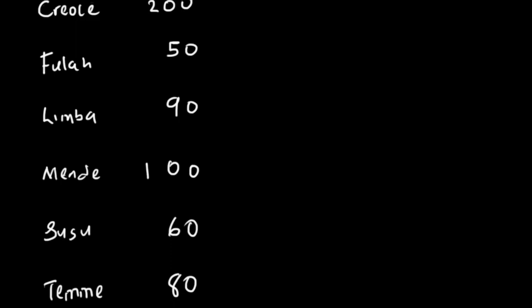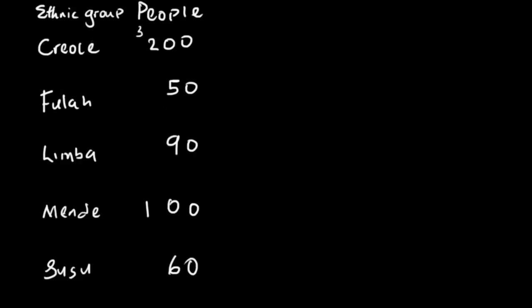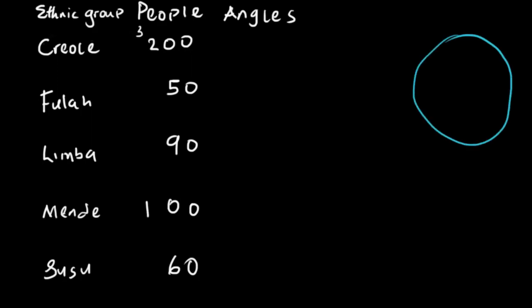720. Now the next step is to find the angle for each of the ethnic groups. Remember, we've got a circle. The total angle in a circle is 360 degrees. We are trying to find the angle of each of these ethnic groups so that we can plot them in this circle. Does that make sense?